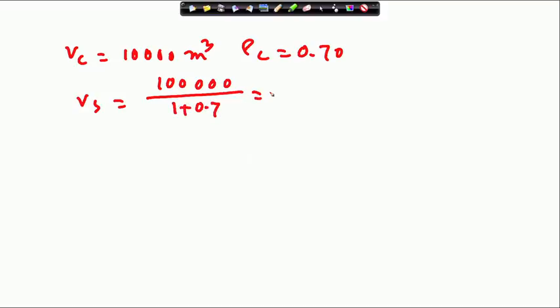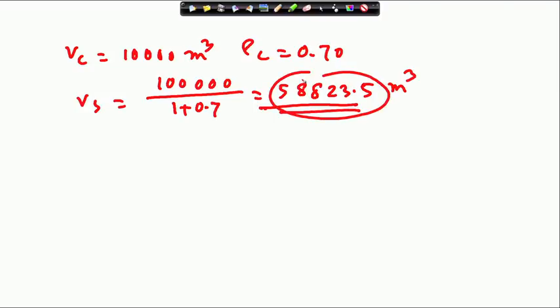So, that gives you 58823.5 meter cube. That means, out of 100,000 meter cube of compacted soil, the solid will be this much, and this amount of solid should be there in each of the sites.